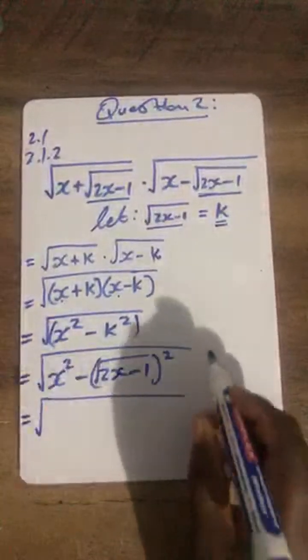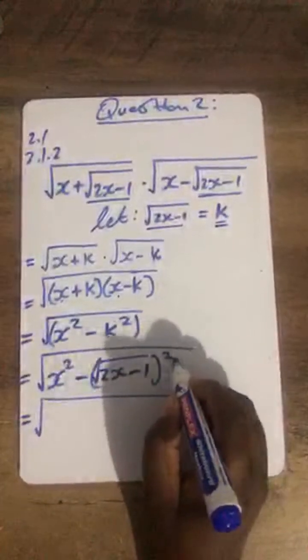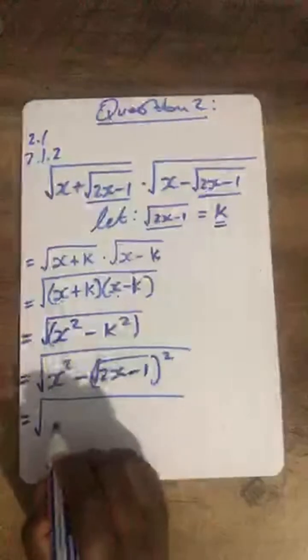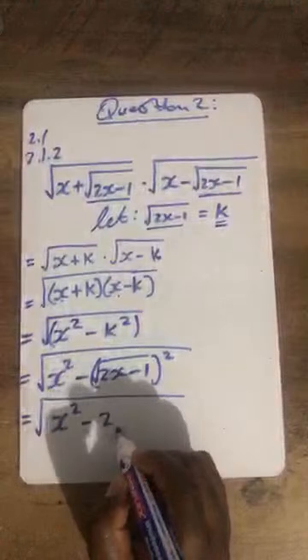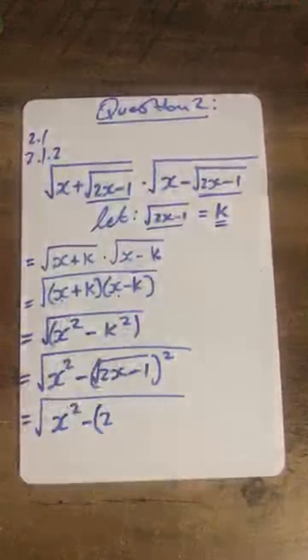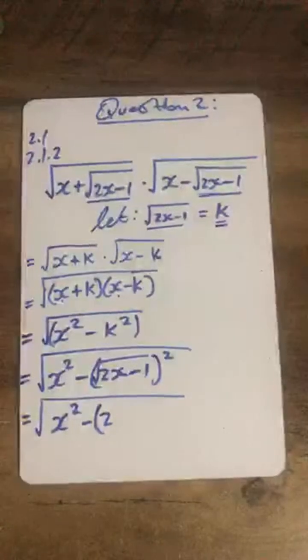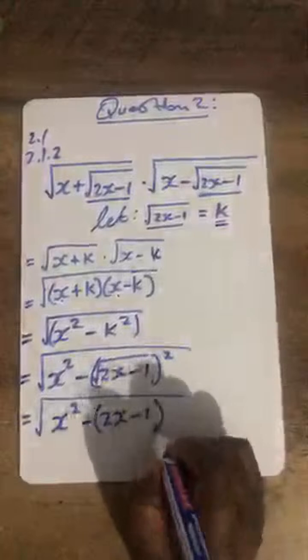I'm just not sure if you are able to notice that this square root is being removed by that squared. So we just remain with x squared minus, let me not take a shortcut there. Inside the brackets, we have that 2x minus 1.